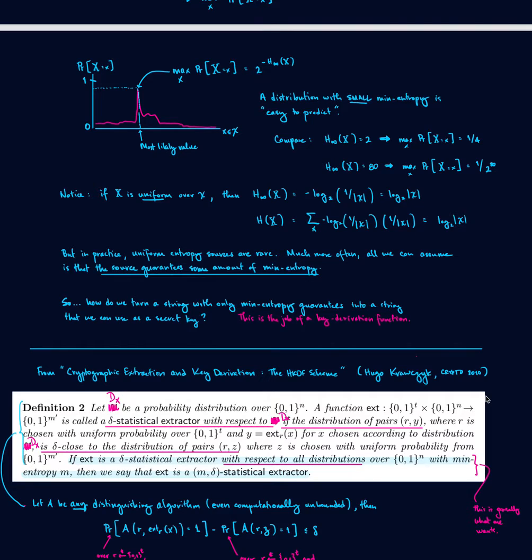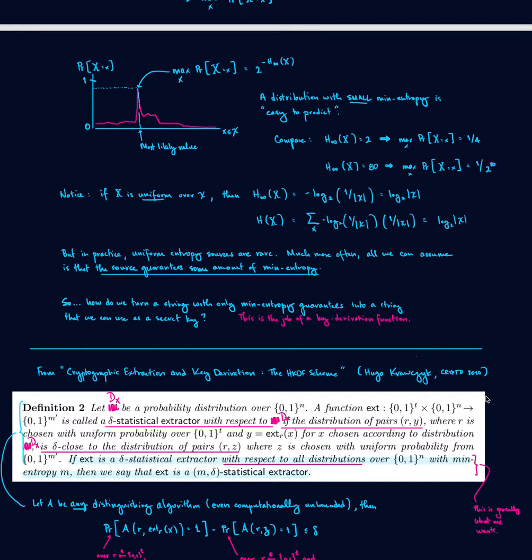So this is a snippet from that paper, and they're describing in this definition something called an extractor. And loosely speaking, the job of an extractor is to do what a key derivation function needs to do. That is, you provide me some kind of an input that's got some randomness in it. Not uniform, but some kind of randomness there.